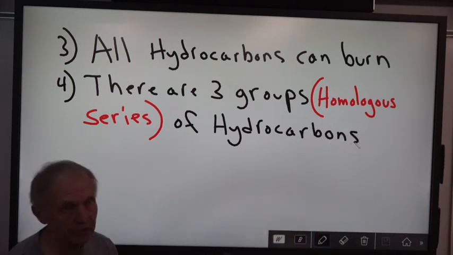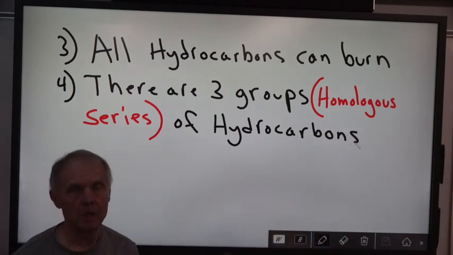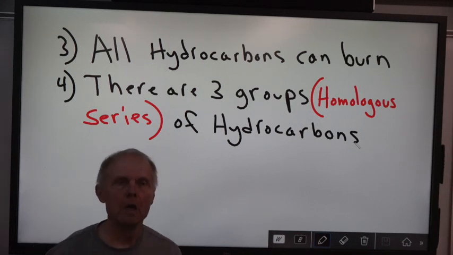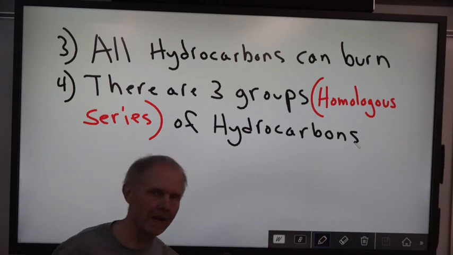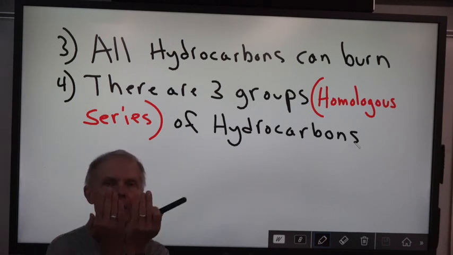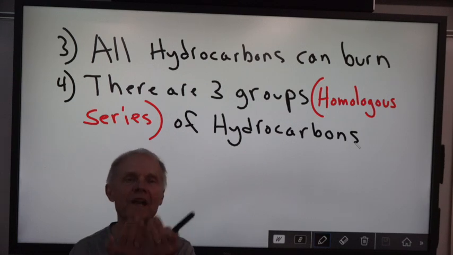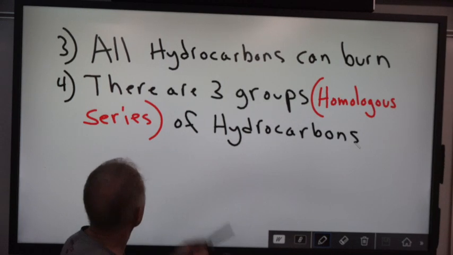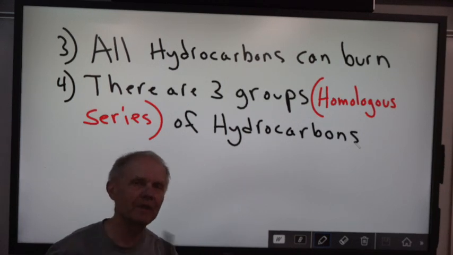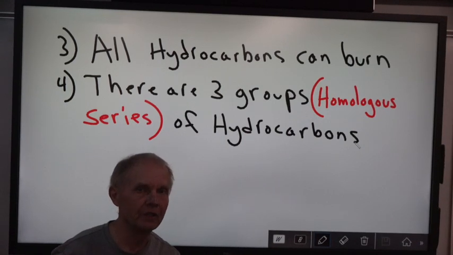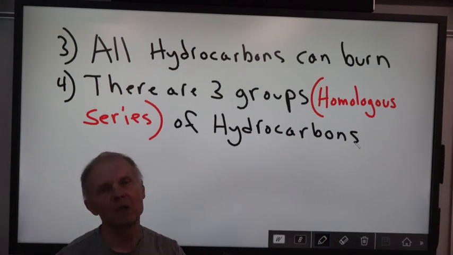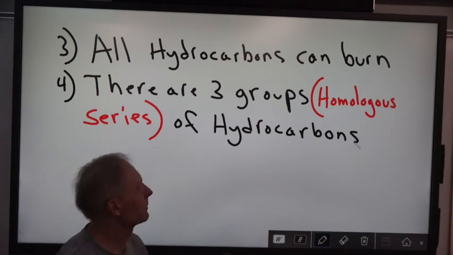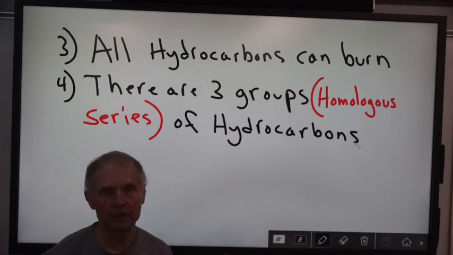Now, you've never seen homologous series before, but you have heard of the words, hopefully, homologous chromosome. Homologous chromosomes, you have a male chromosome, female chromosome, they make a homologous pair, which means they have the same properties on both sides, both male and female chromosomes. So homologous series means basically every hydrocarbon in that series has the same chemical and physical traits, okay? And there are 3 groups of hydrocarbons. So we're going to be talking about homologous series of hydrocarbons.